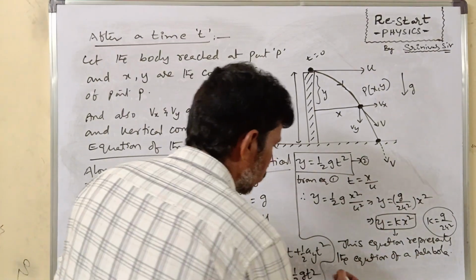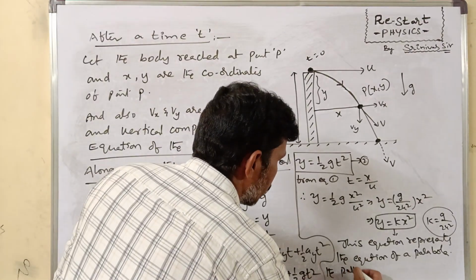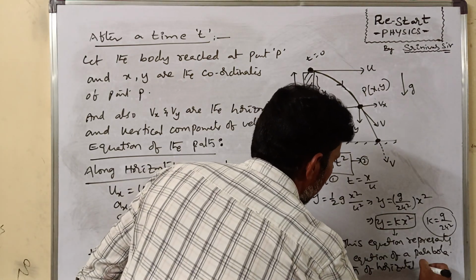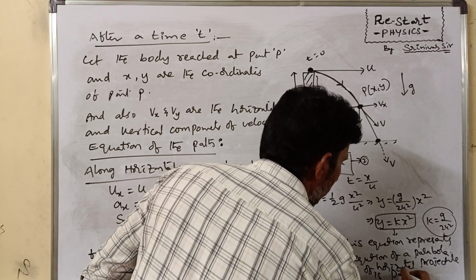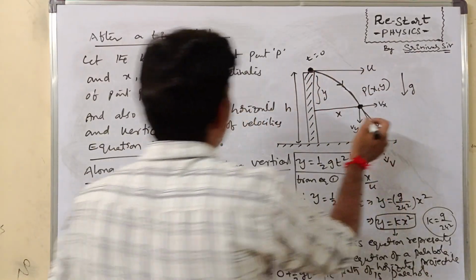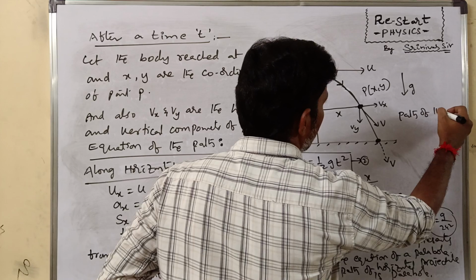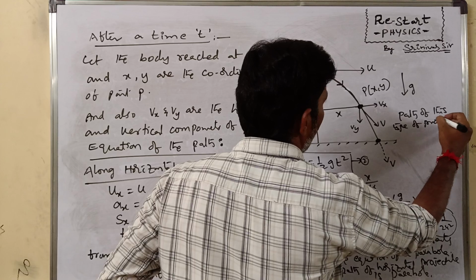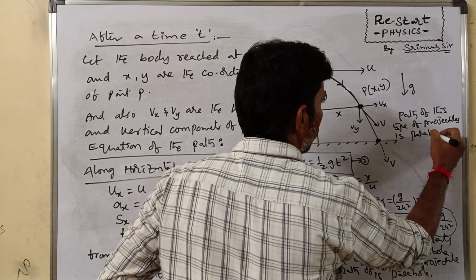That's why we conclude one thing: the path of the horizontal projectile is a parabola. The path of this type of projectile is a parabola.